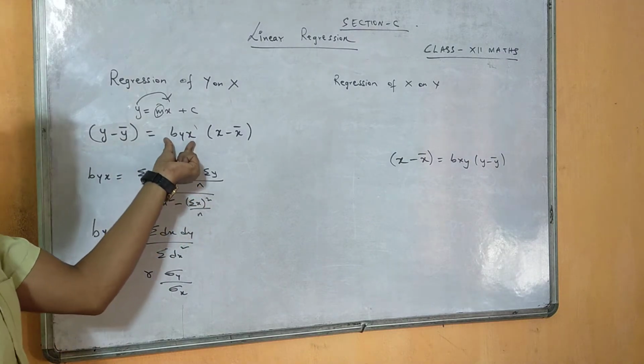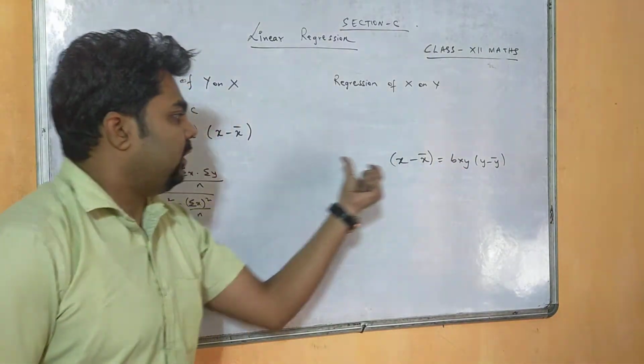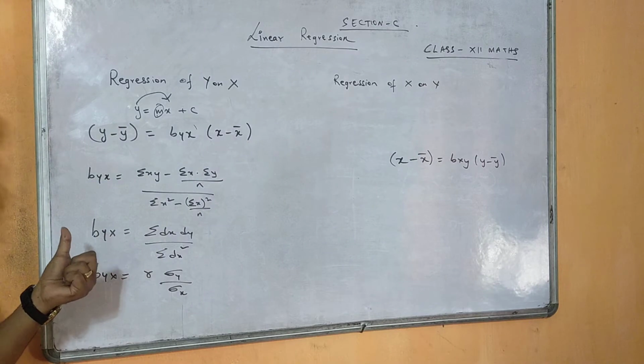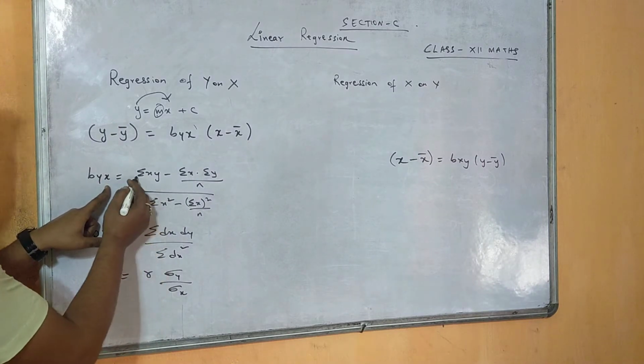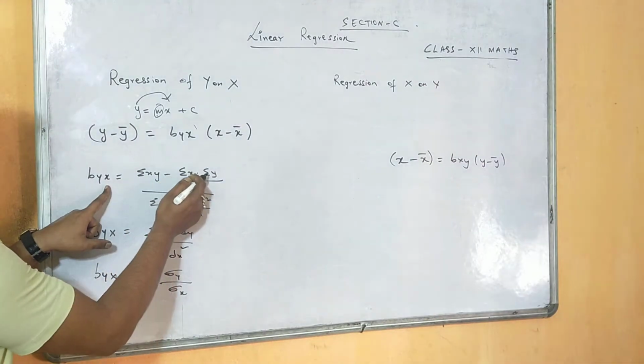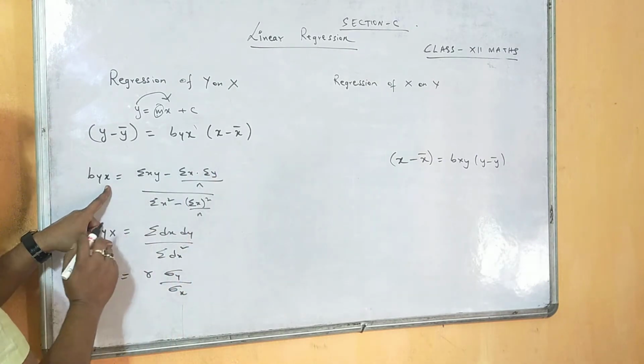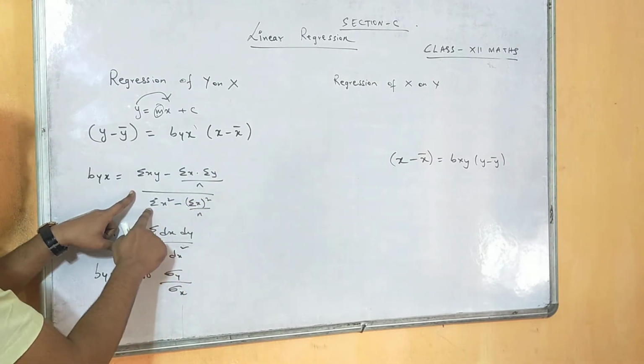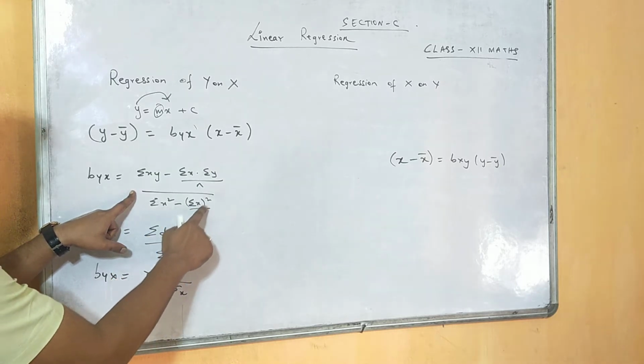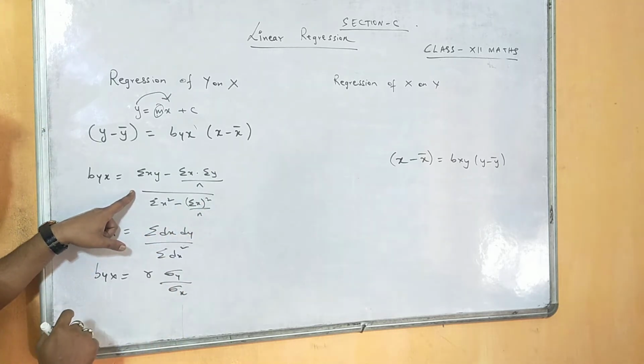Now in order to find byx and bxy, there are a few formulas. So what are the formulas? Byx equals summation of xy minus summation of x into summation of y by n, the total number of terms, divided by summation of x square minus summation of x whole square by n. Right?